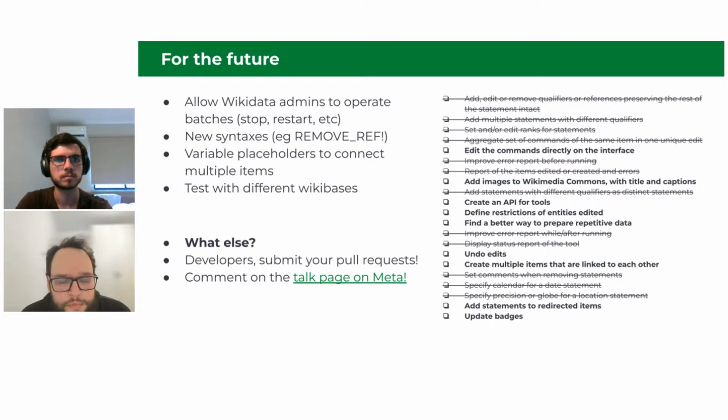There's the variable placeholders to connect multiple items. We think that this is the next step up for QuickStatements: the ability to create batches of commands intertwined and dependent on the items that are being created, so we don't have the Q IDs for them specifically.